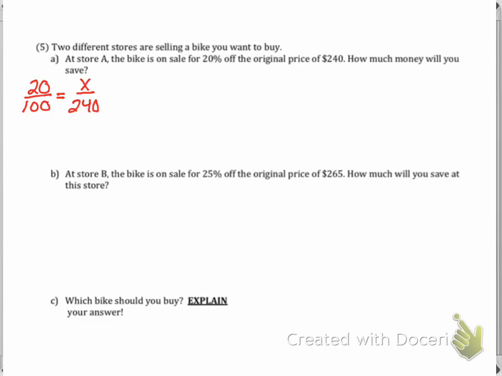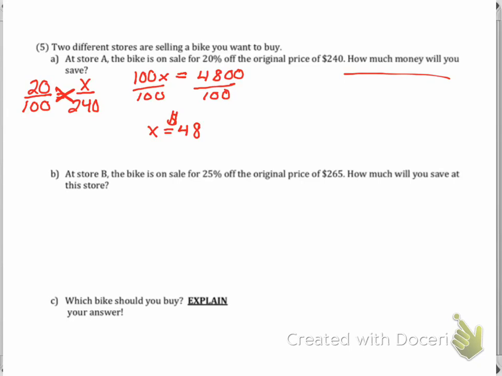By doing this, I'm figuring out how much is coming off of the price. So I cross multiply and I get 100x is equal to 4,800. And I'll divide both sides by 100, and I get that x is equal to 48. So 48 is how much that's coming off, or that's how much money I'm going to save. That's not the price of the bike.